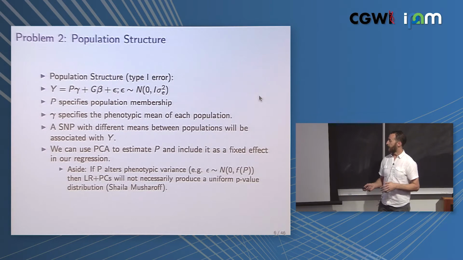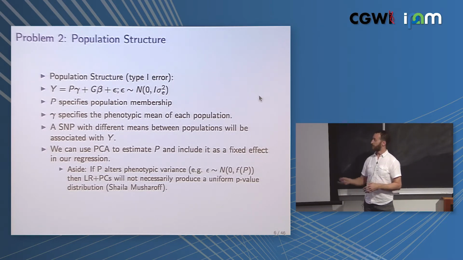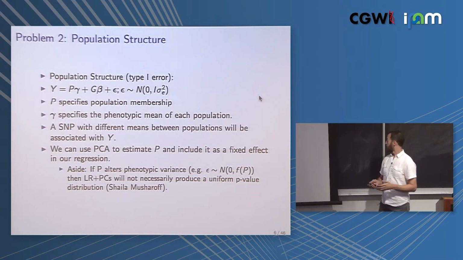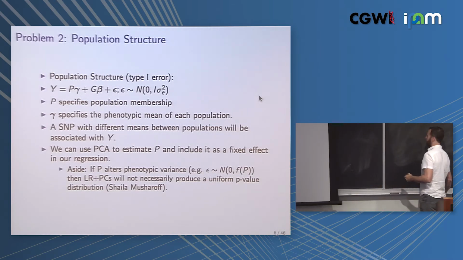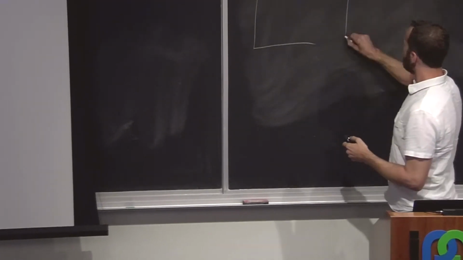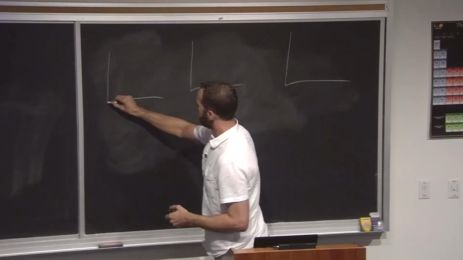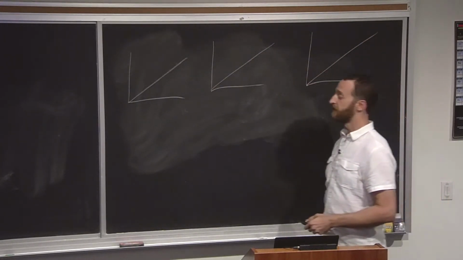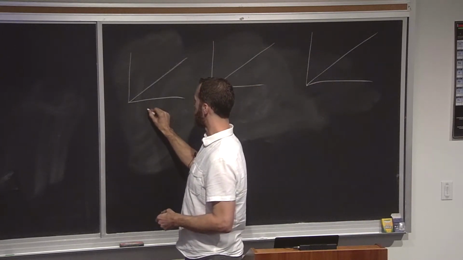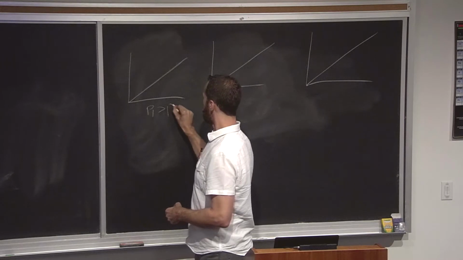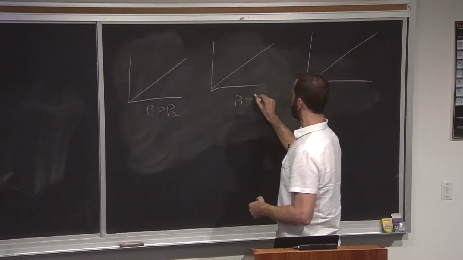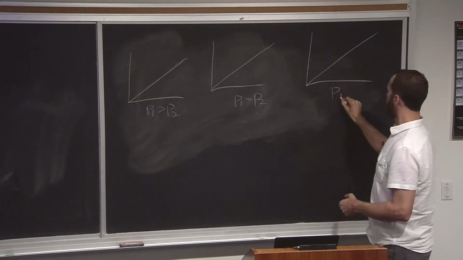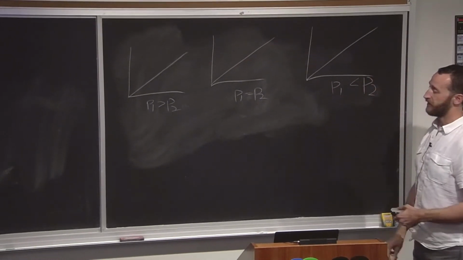As an aside, here P is changing the mean of Y. If P changes the variance of Y, that's a different problem, and something interesting happens if you make QQ plots, where we want our test statistics to fall along the diagonal, and we think about SNPs where the frequency in population 1 is greater than in population 2, SNPs where the frequency is the same, and SNPs where the frequency is opposite.